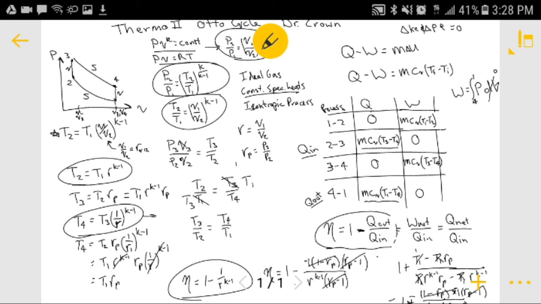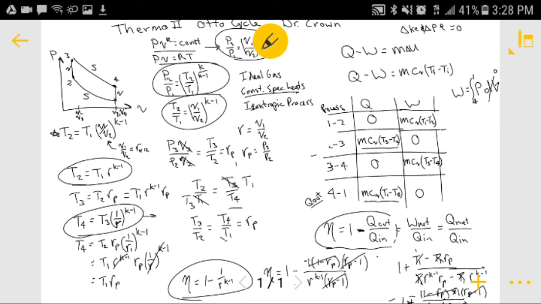And we said that this volume ratio is equal to 1. So the pressure ratio, this is RP, is the same thing as the temperature ratio. So that means that T3 over T2 equals RP, and so T1 over T4 also equals RP.